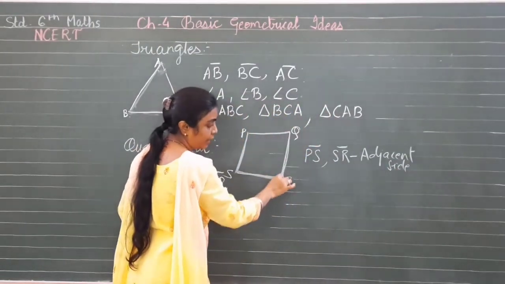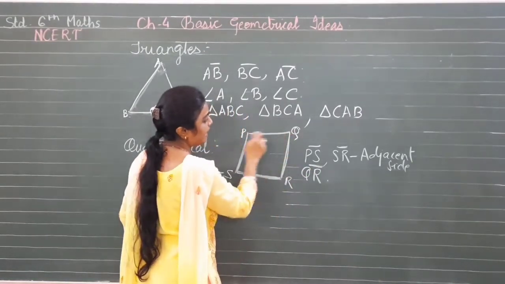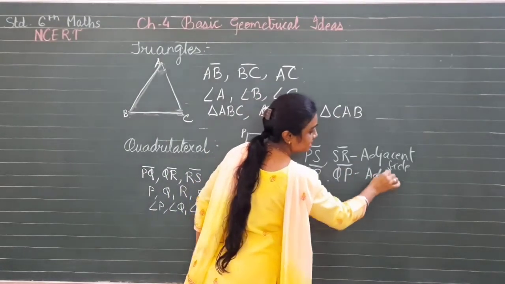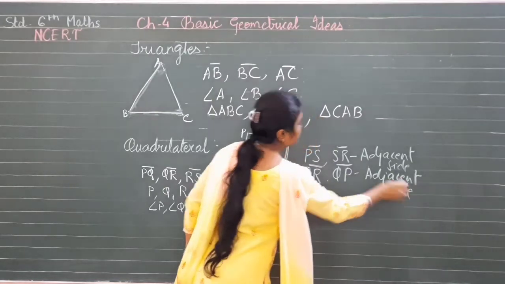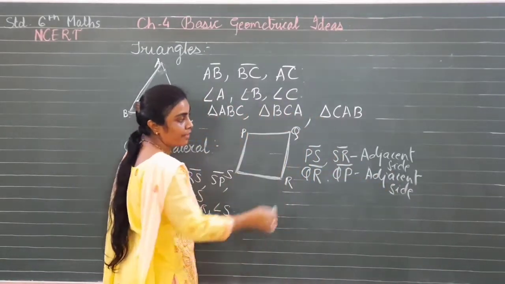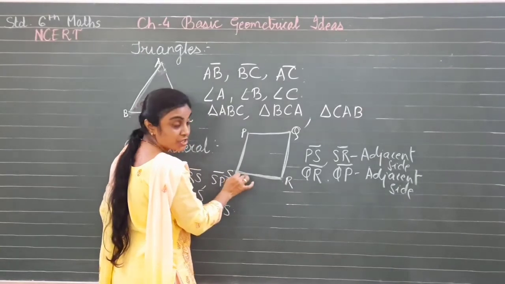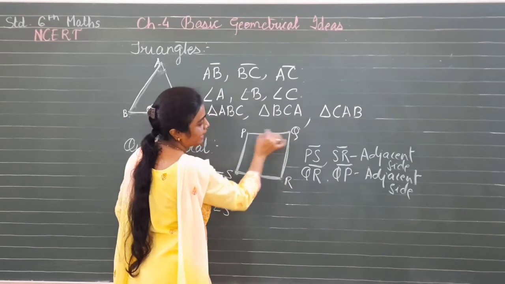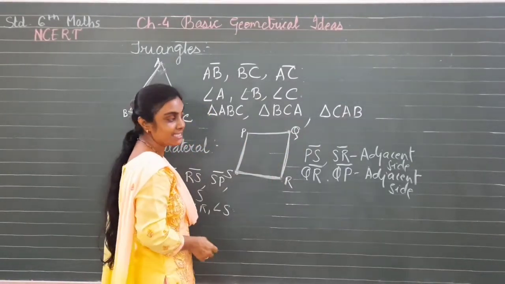Suppose QR and QP, these are also adjacent sides which share a common point. Here PS and SR share a common point. In the same way QR and QP share a common point. So this was about adjacent sides.